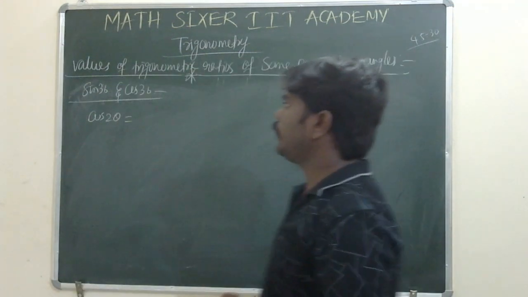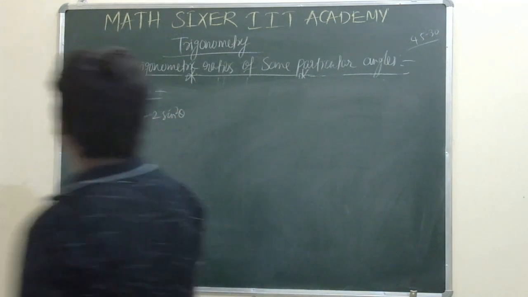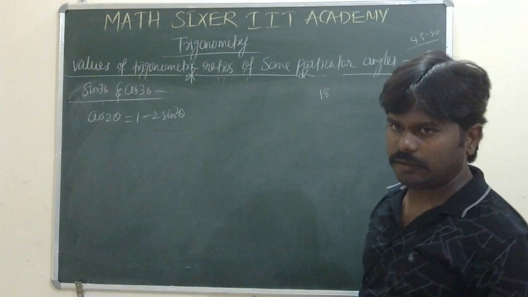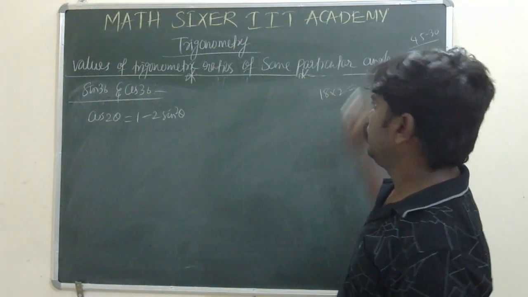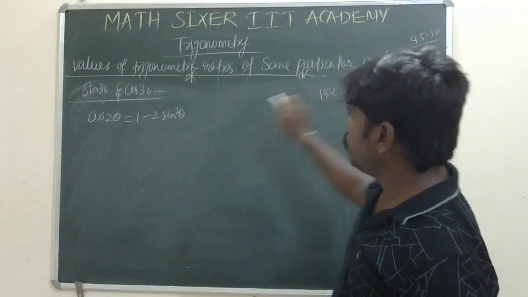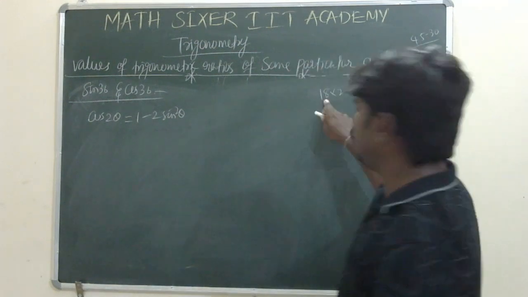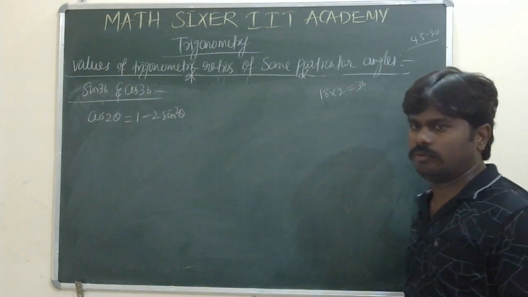Okay, cos 2 theta is equal to what? 1 minus 2 sin square theta. Why are we using this? Just now we have solved sin 18 value and also cos 18 value we have found. So 18 times 2 is 36. So when you use the 2 theta formula, then you can substitute theta equals 18, hence you will get the value because sin 18 value we already know.